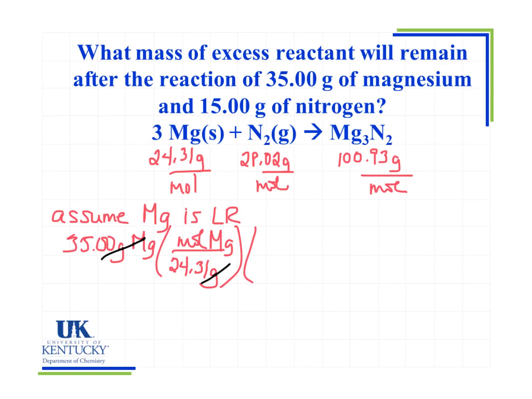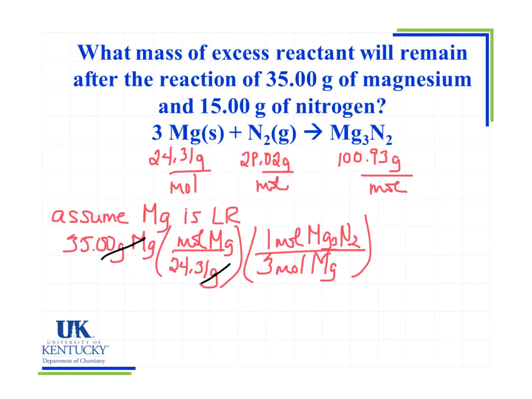Now I'm going to see which one is going to produce the least amount of product. So here I'm going to say 3 moles of magnesium for every 1 mole of magnesium nitride. I get those numbers from the coefficients in my balanced chemical equation. And I'm going to leave this at moles of magnesium nitride, because the problem doesn't actually ask for the grams of magnesium nitride.